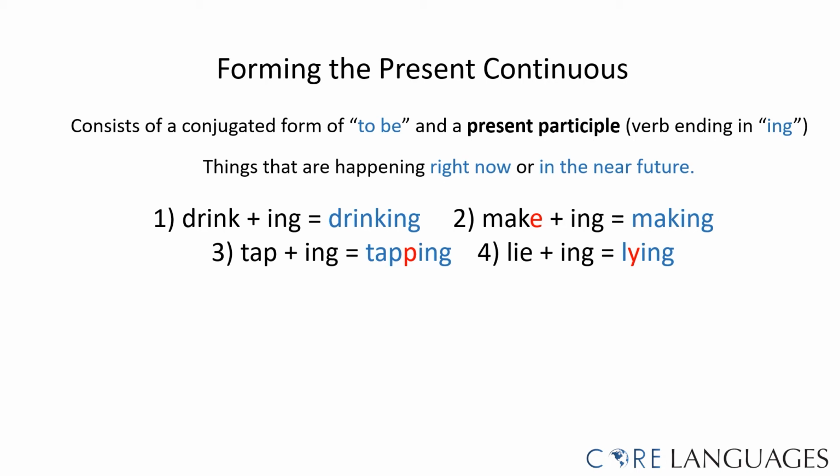If the verb is spelled with a vowel and ending on a consonant, like tap, we double the consonant. Tap plus ing is tapping. If the verb ends on the double vowel ie, we remove the ie and add y. Lie plus ing is lying.